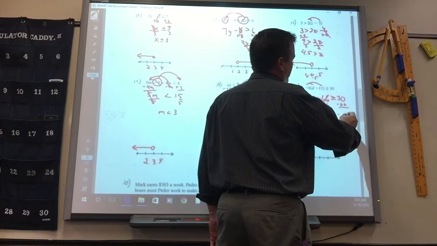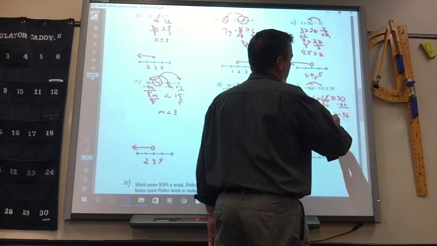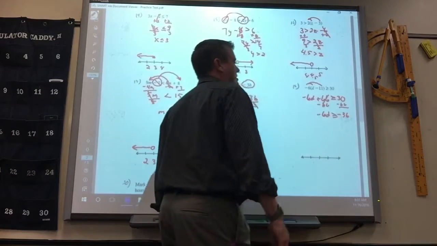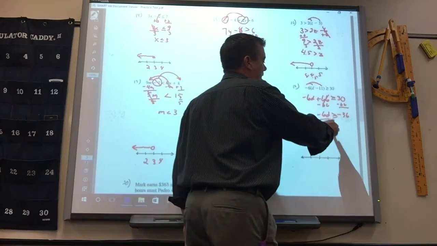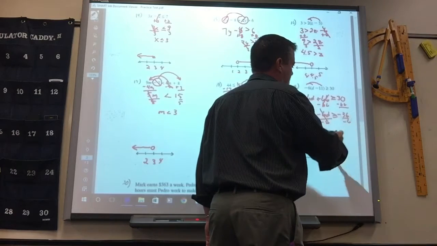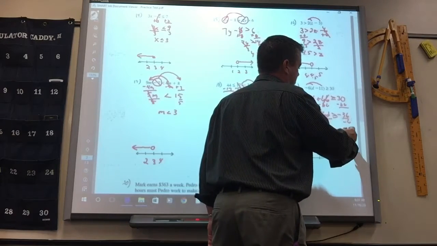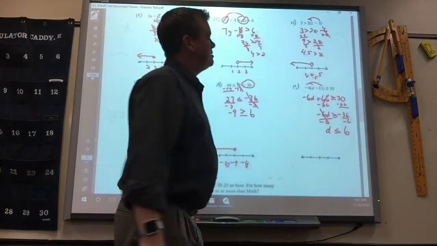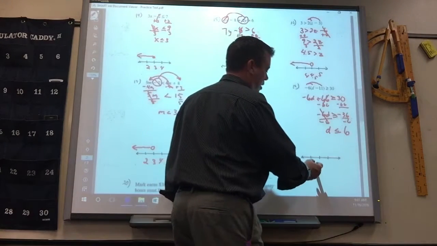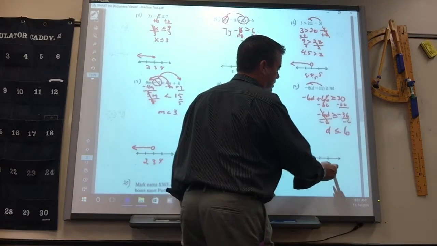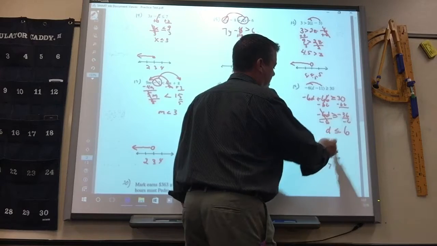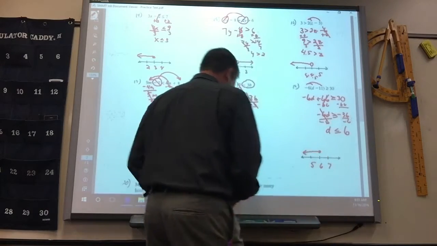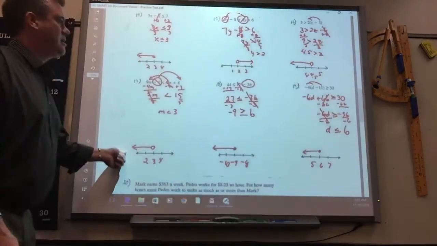And that is negative 36. Then we gotta divide by a negative 6. So that means we gotta switch the direction of the sign. So that's a filled in circle. D is less than or equal to, it goes to the left of 6.